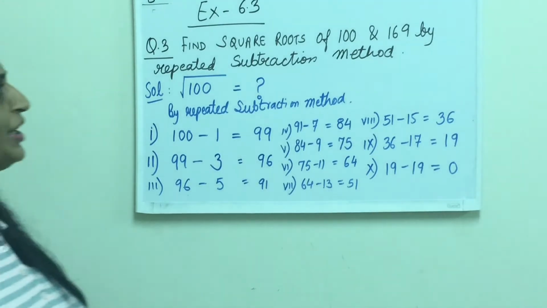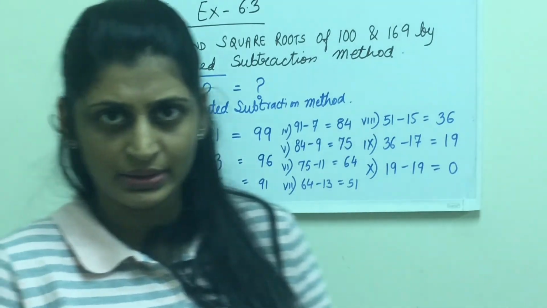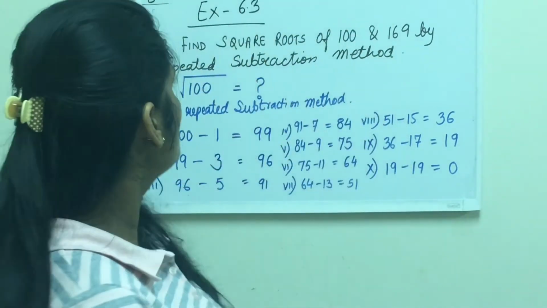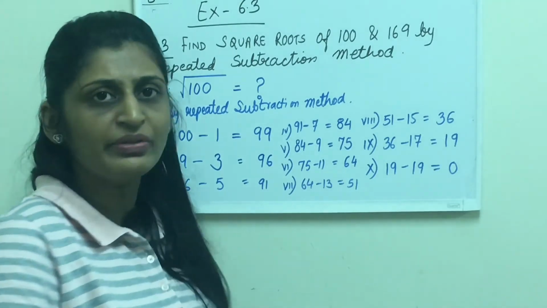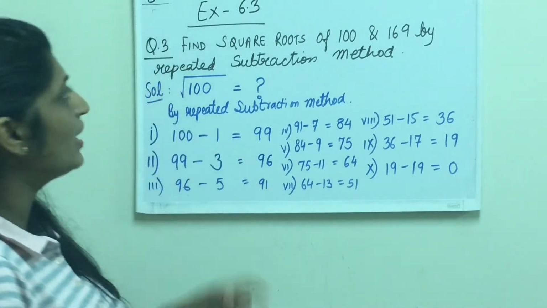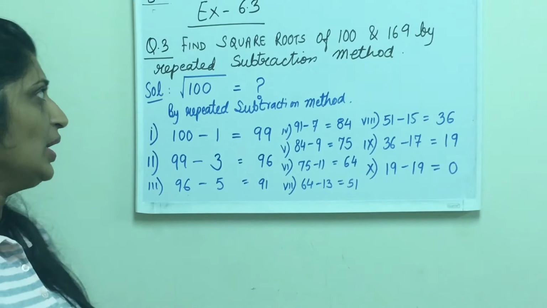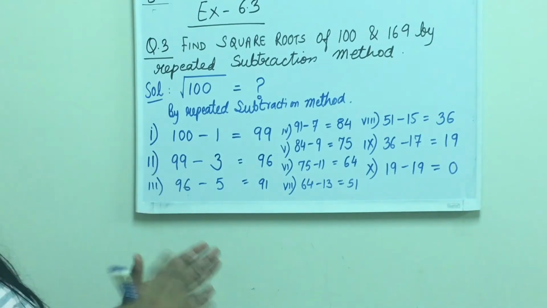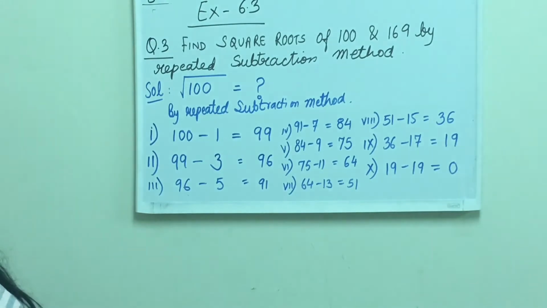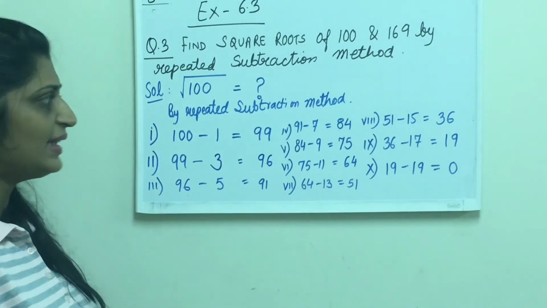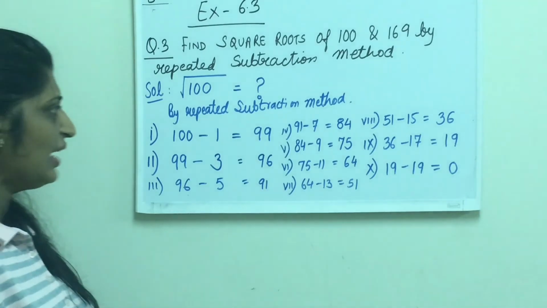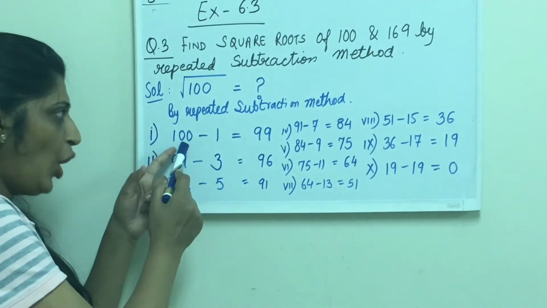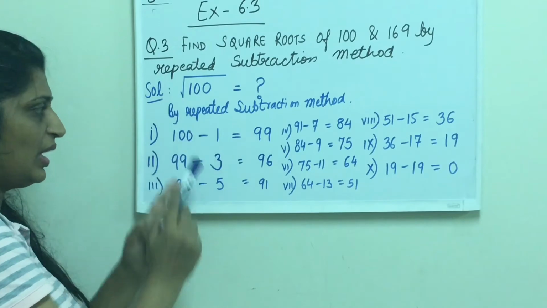To explain the repeated subtraction method, I have used exercise 6.3 question number 3. This is an NCERT question. Find the square roots of 100 and 169 by repeated subtraction method. What I did, you can see, is that I started subtracting odd numbers from 100, the number given to us.